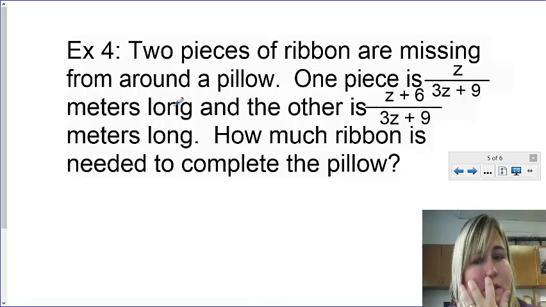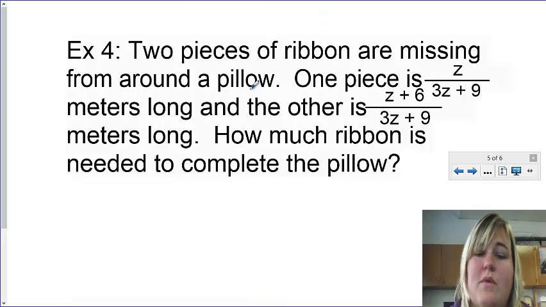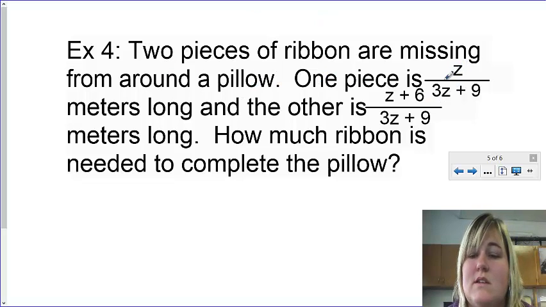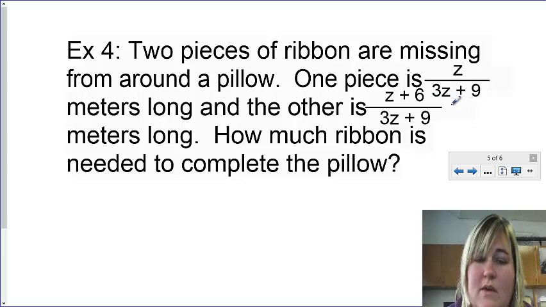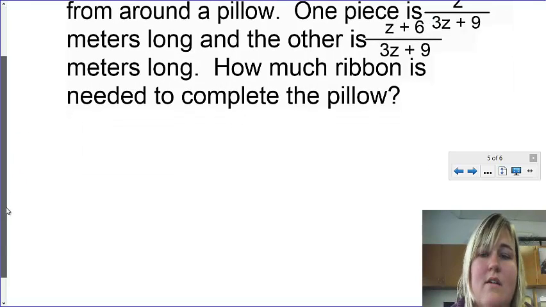Alright, it says 2 pieces of ribbon are missing from around a pillow. One piece is z over 3z plus 9 meters long, and the other is z plus 6 over 3z plus 9 meters long. How much ribbon is needed to complete the pillow? Well, if this piece is missing and this piece is missing, I need those pieces to complete the pillow. So I'm going to add them together.